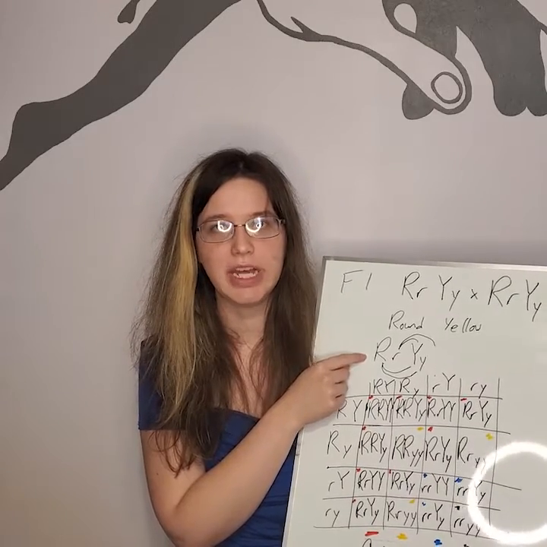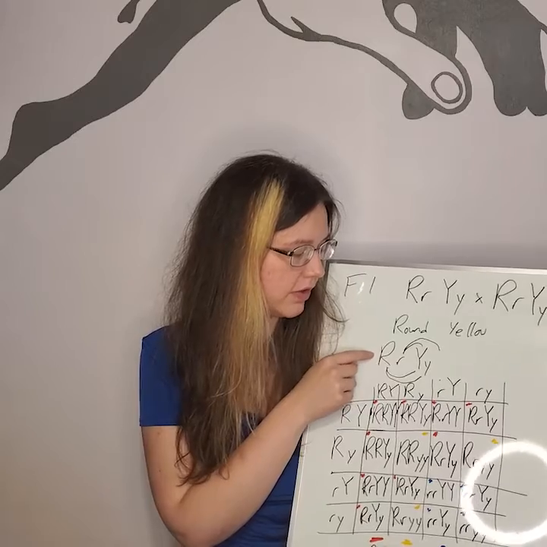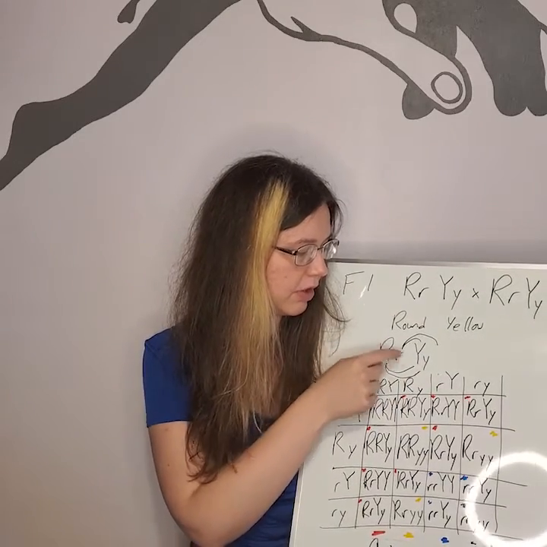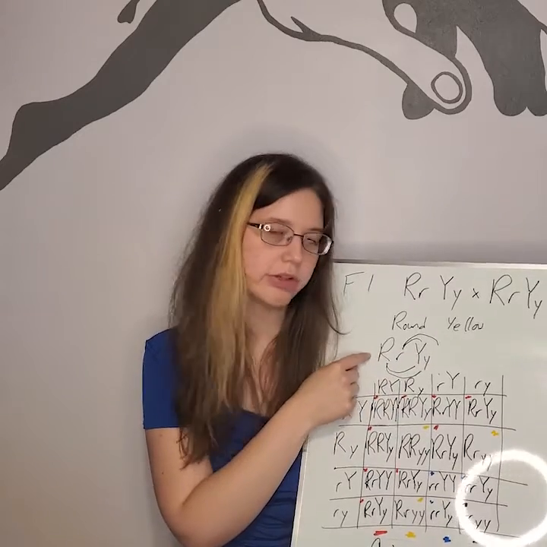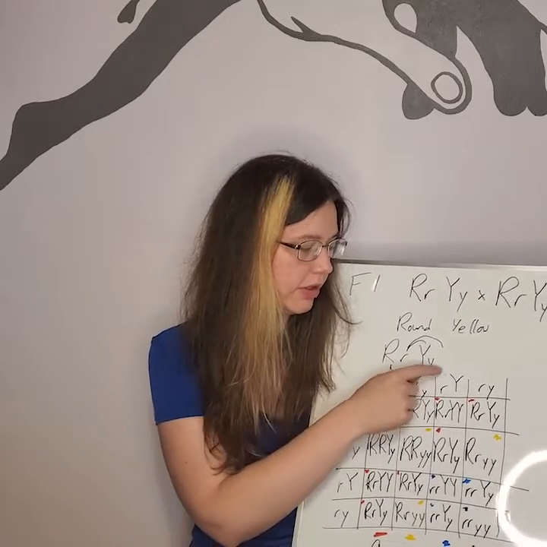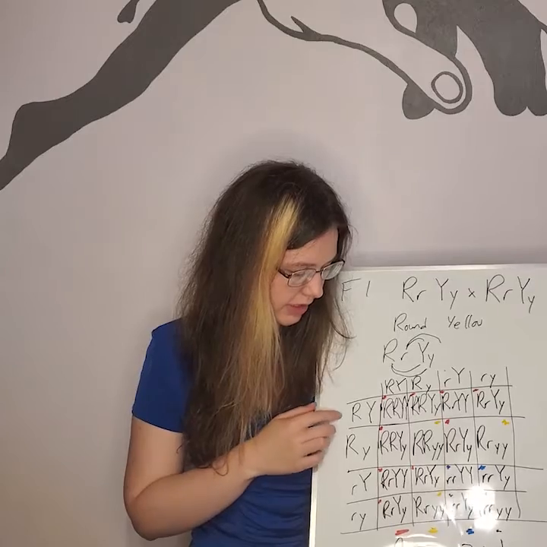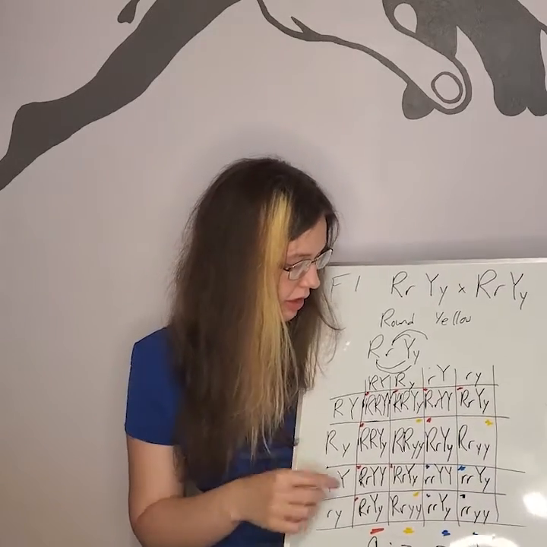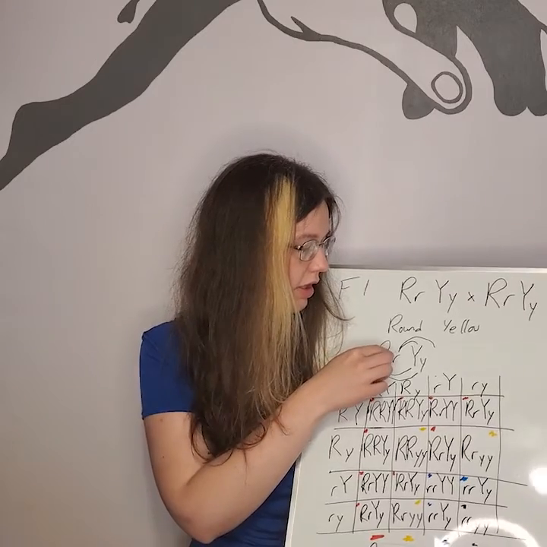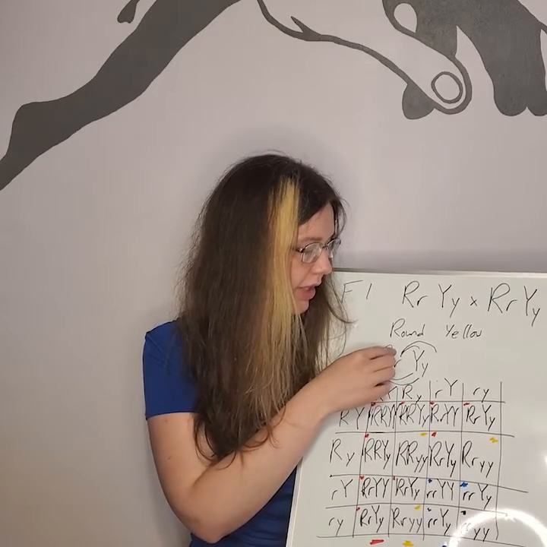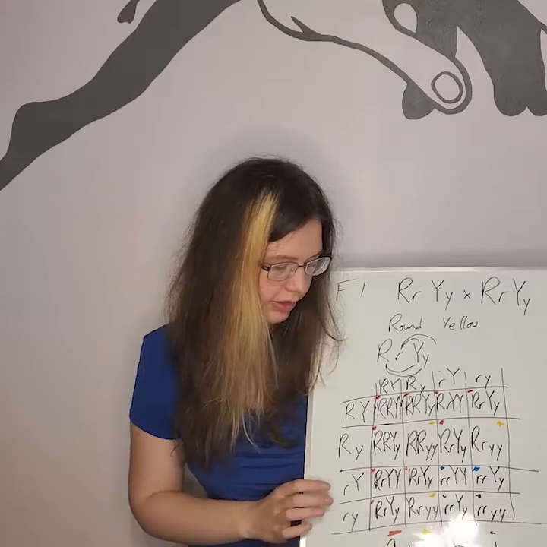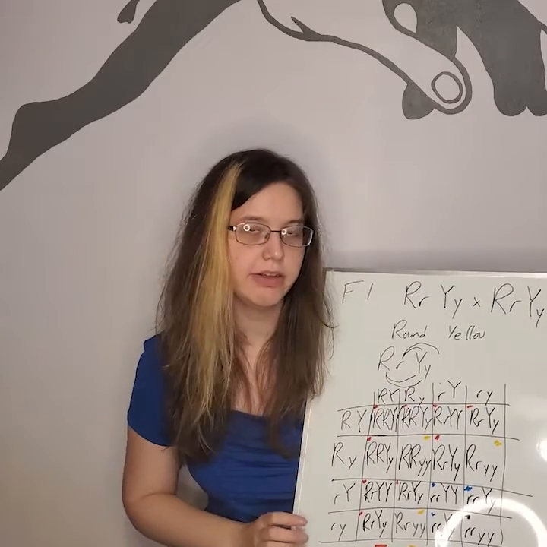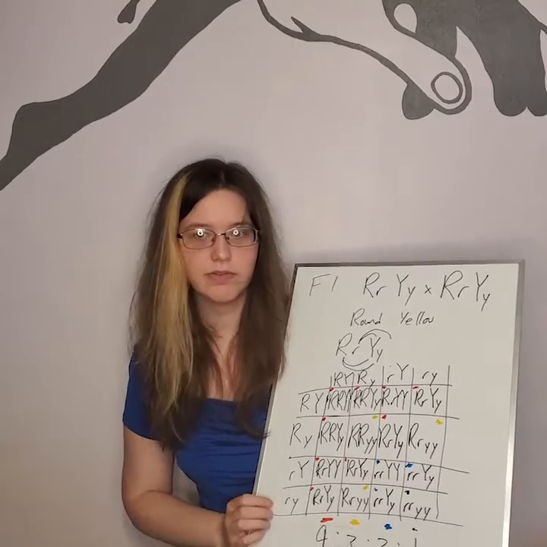So when we FOIL that genotype, we take the first letters, capital R, capital Y, the outer letters, capital R, lowercase y, so capital R, capital Y here, capital R, lowercase y there, and then the inner letters, lowercase r, uppercase Y there, and then the last two letters, lowercase r, lowercase y.